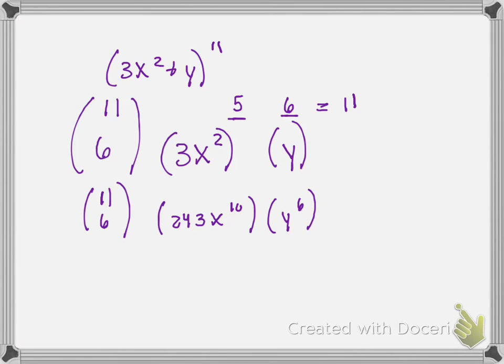If we use our calculator, or you can solve by hand too, if you find the Pascal number, you get 462 times 243 x to the 10th times y to the 6th.